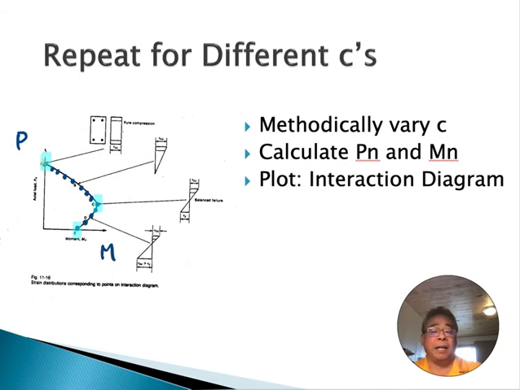So it's right at epsilon y, which is Fy over E. And this point over here is just when you make the neutral axis equal to h, so the far side is C. And so what I think we'll do in class is I'll pick these 3 points. We'll do these 3 in class tomorrow.